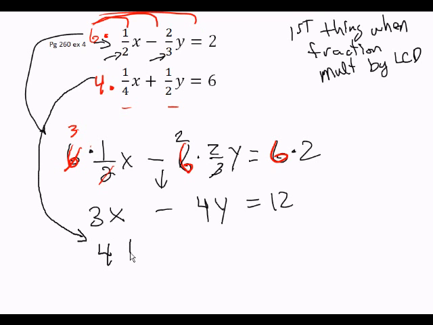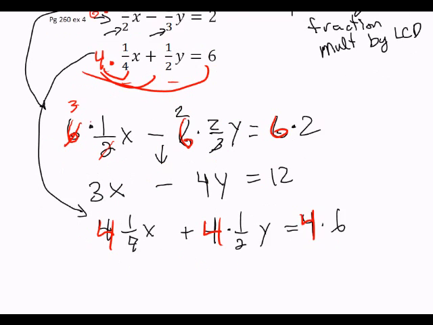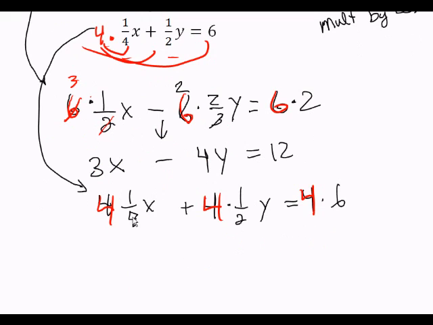So I'm going to try this one now. 4 times 1/4 x plus 4 times 1/2 y equals 4 times 6. So I'm going to multiply each of these by 4 because I distribute the 4 to each of these.